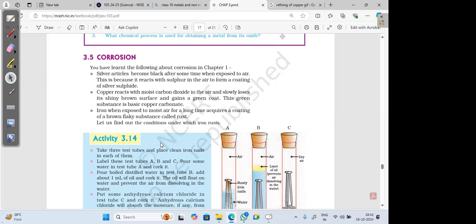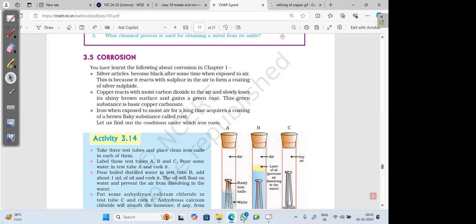For example, we consider here the corrosion of three metals: the corrosion of silver, corrosion of copper, and corrosion of iron.